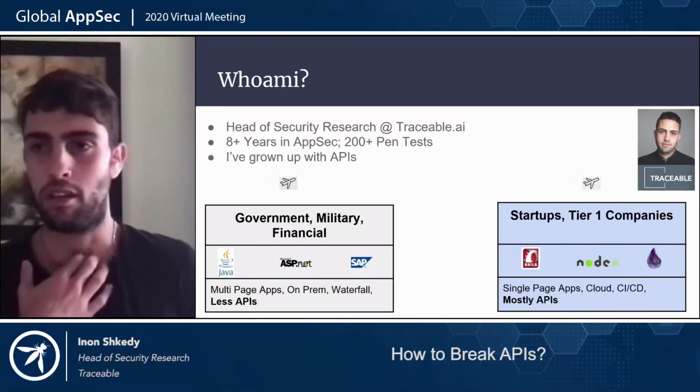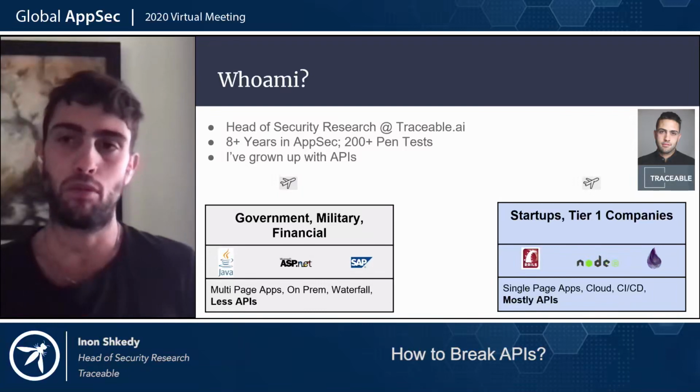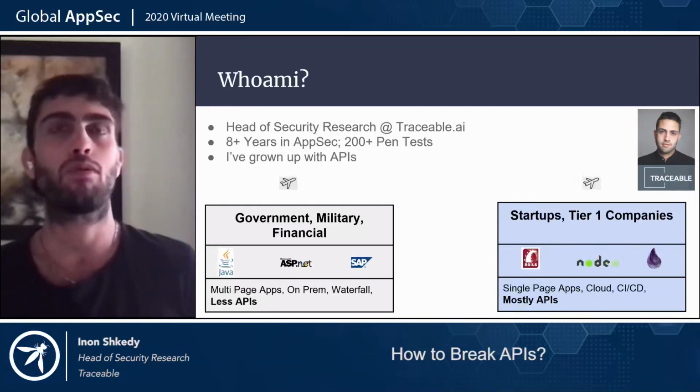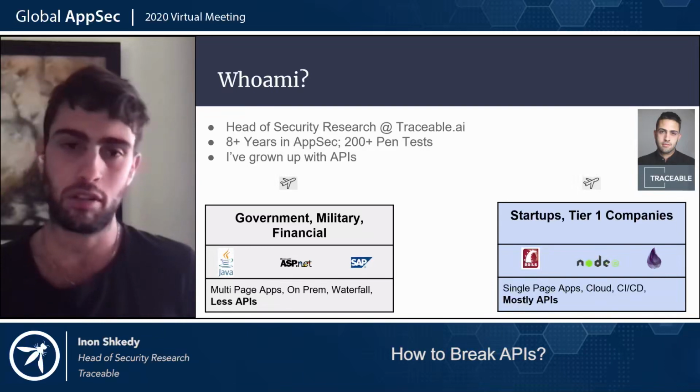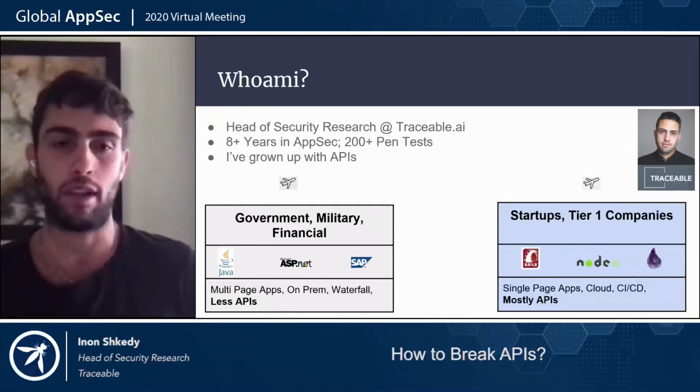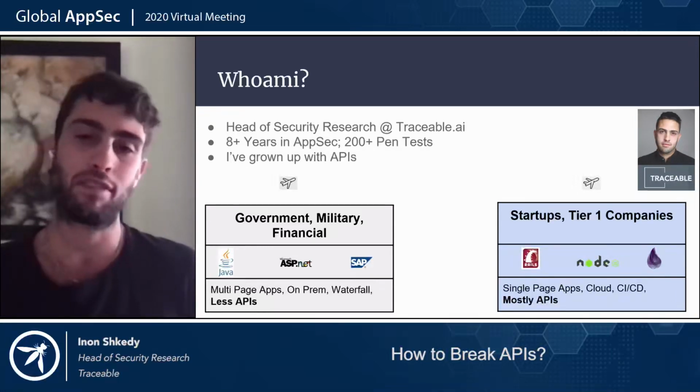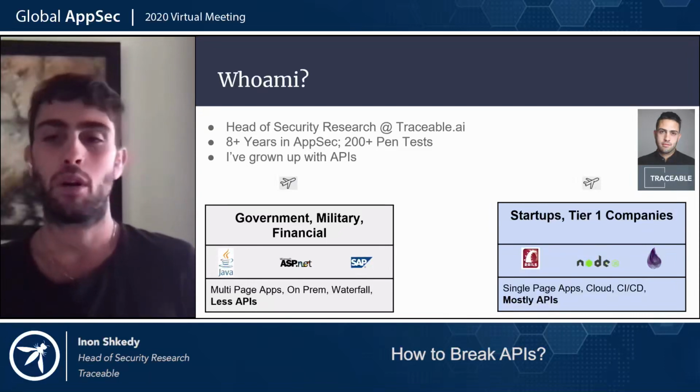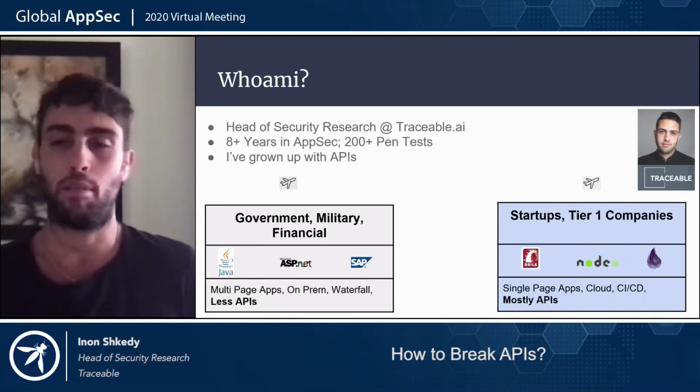After 5 years in the Israeli army, I decided to move to California, to Silicon Valley. And for the last 3 years, I have been working mostly with startups and tier one companies, and I got exposed to a new field of technologies. Instead of Java, ASP.NET, and all of this traditional stuff, I started seeing more and more Ruby on Rails, Node.js, Python, Elixir, and more.